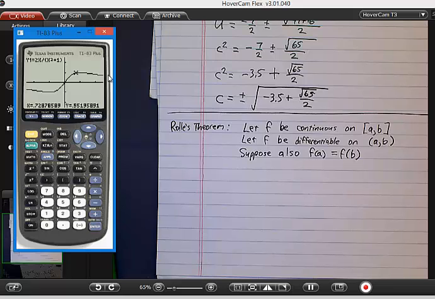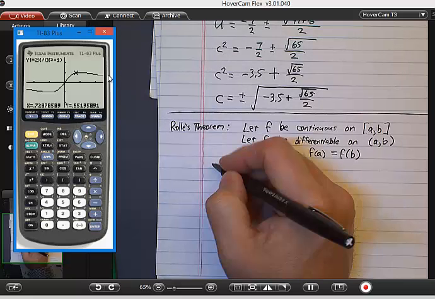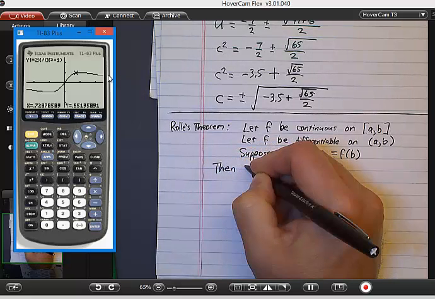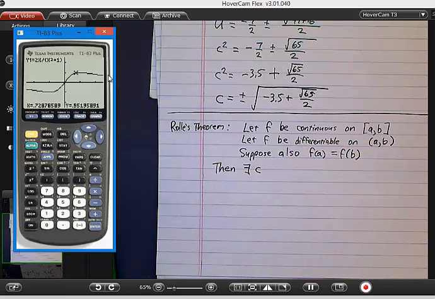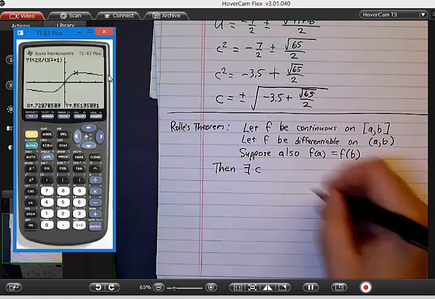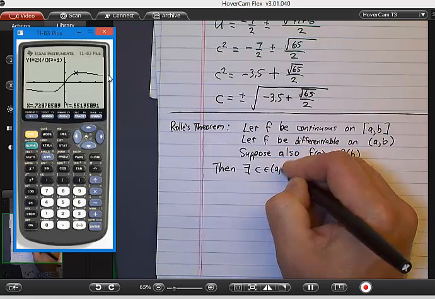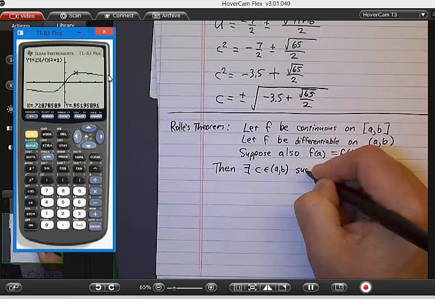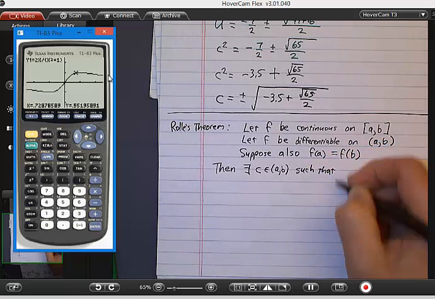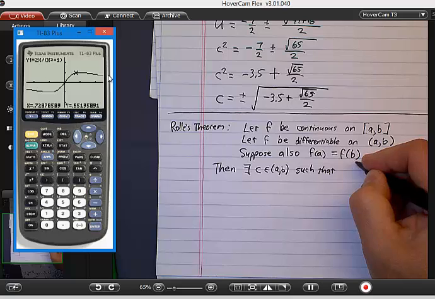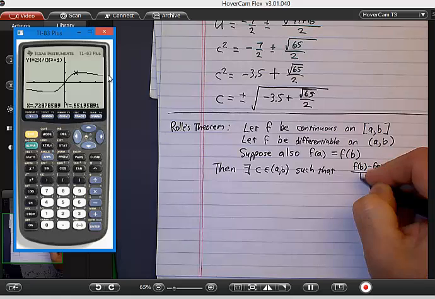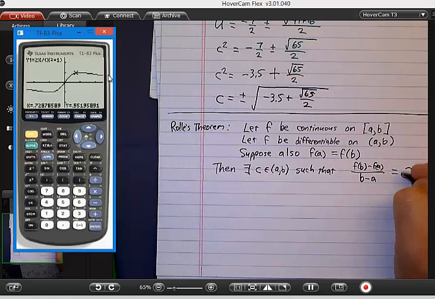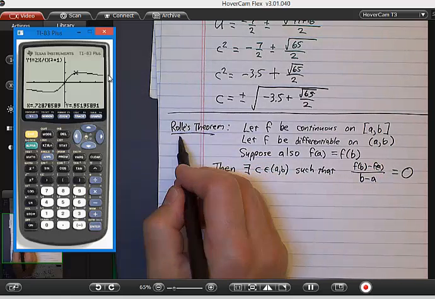So Rolle's theorem won't work on this picture. But if you have that, then there exists a C somewhere on the open interval AB such that f prime of C equals 0. This is known as Rolle's theorem.